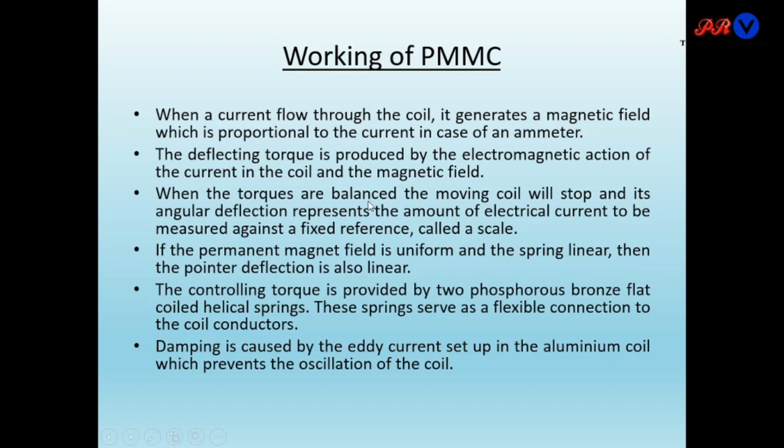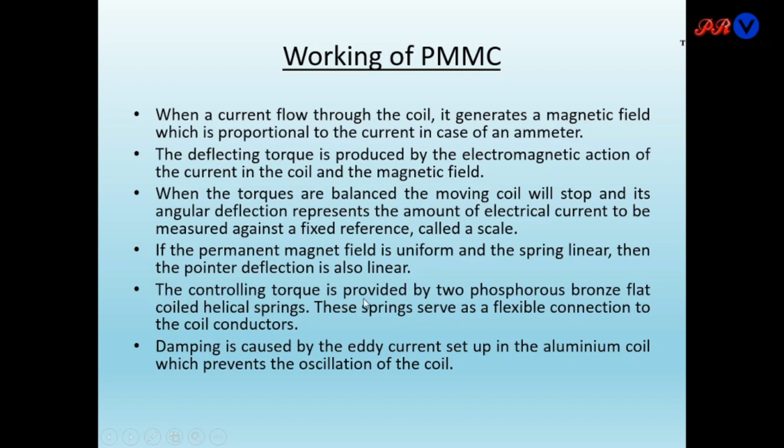When the torques are balanced, meaning controlling torque and deflecting torque are equal, only then the moving coil stops, hence our pointer will stop on the scale and give us the measured value. If the permanent magnet field is uniform and the spring is also linear, then the pointer deflection is also linear.